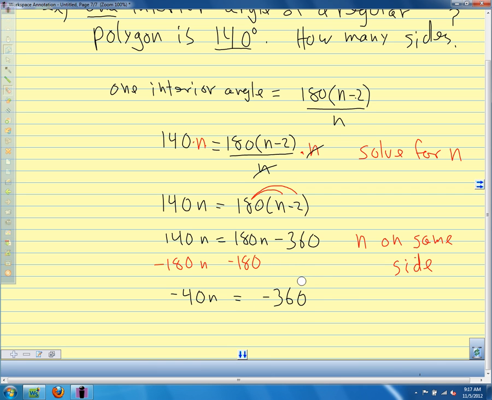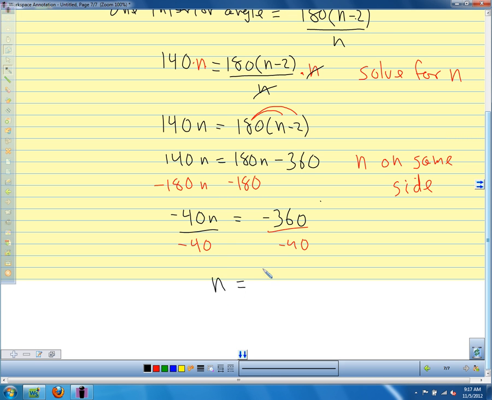This comes straight down. Now how do I get n by itself? Divide by negative 40. And when I divide here, I get n equals, negative 360 divided by negative 40 is 9. So this would be a 9-sided polygon.